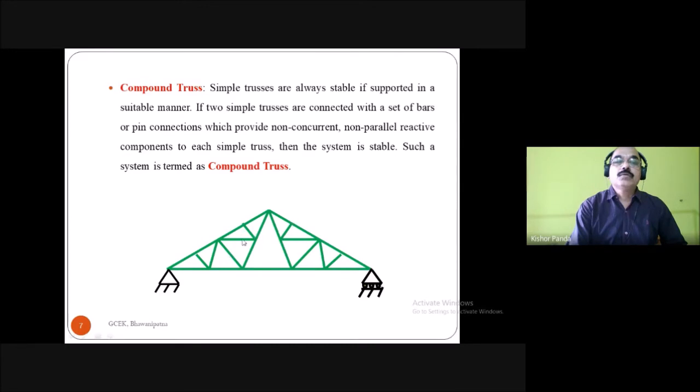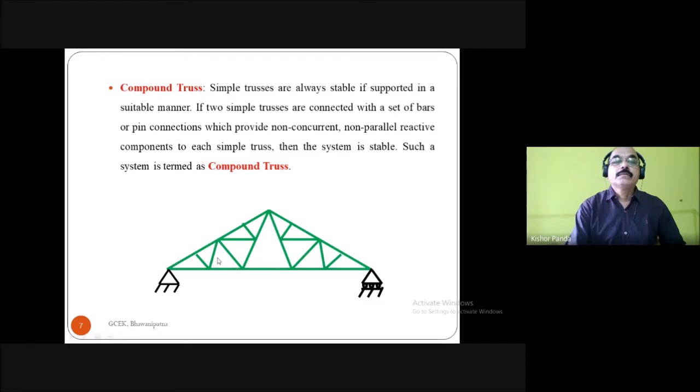When two simple trusses are connected by a set of bars or pin connections, and the reaction components are non-concurrent and non-parallel, then this system is also stable. This is also called a compound truss.